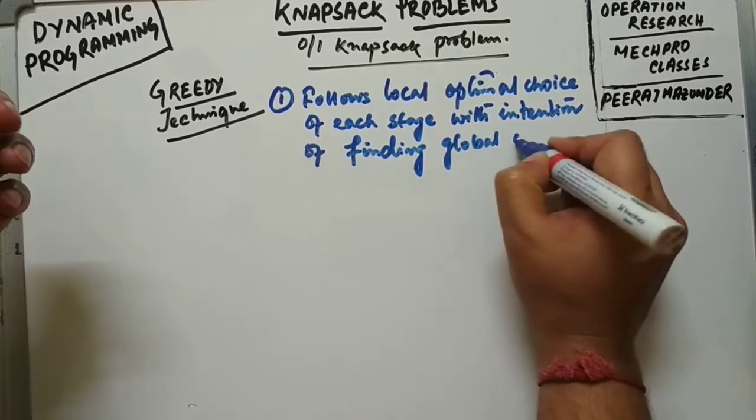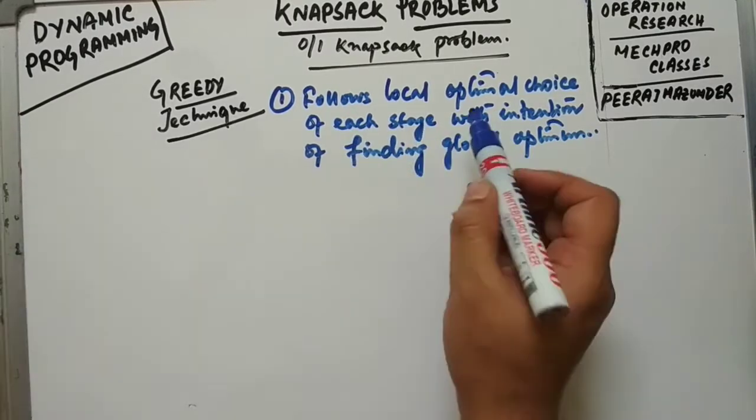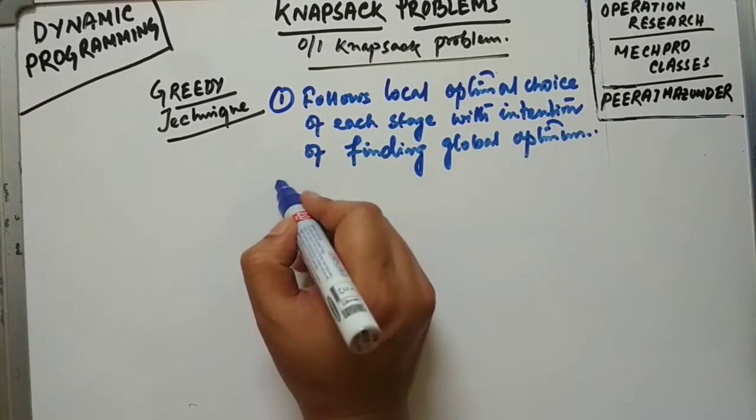So you can say the greedy technique follows local optimal choice of each stage with the intention of finding a global optimum.